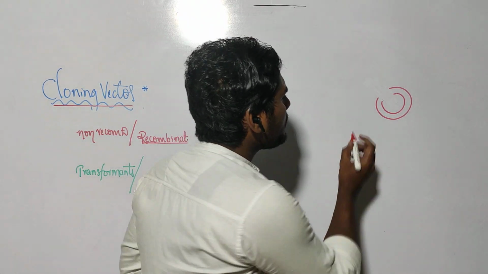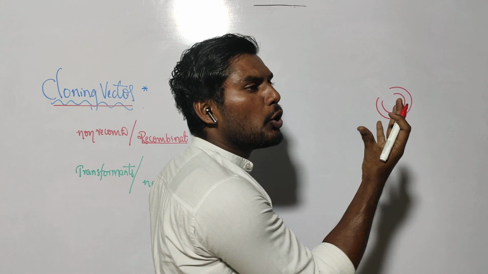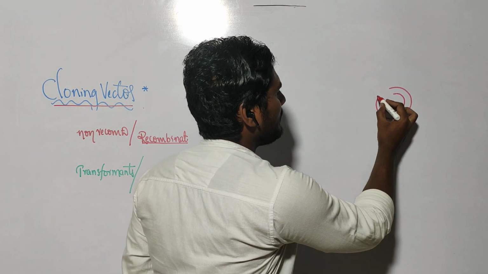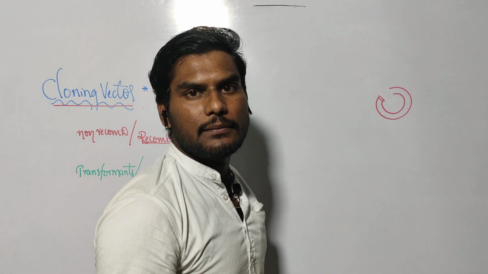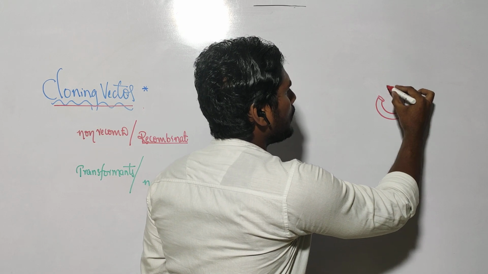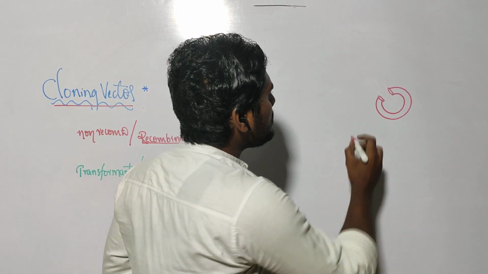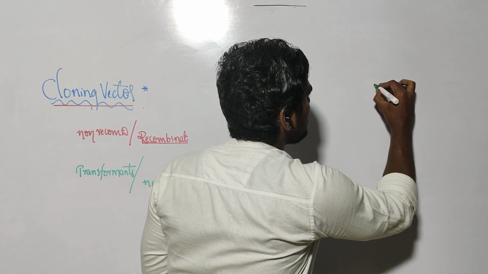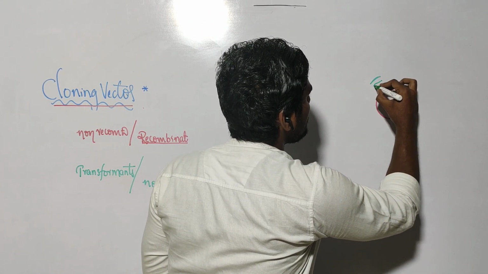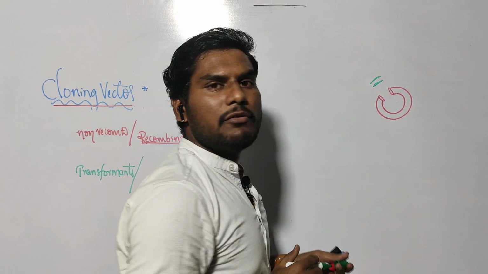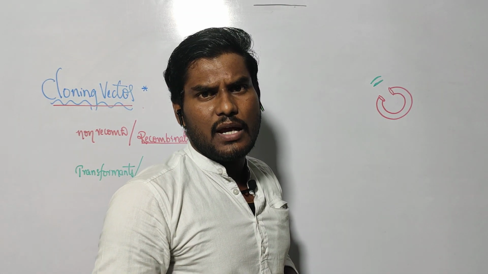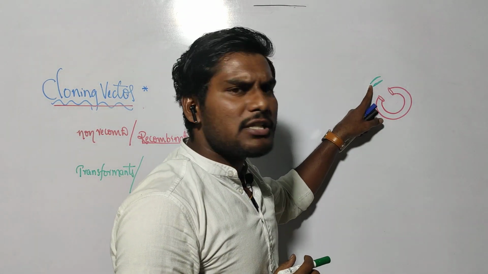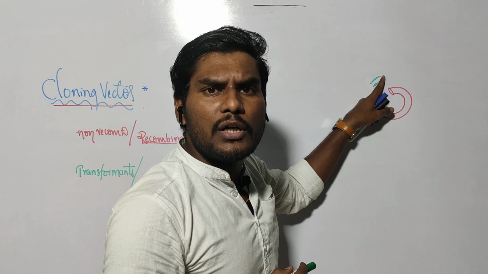As it is cut here, this part is acting as glue, as gum, and this part is also acting as glue. Next we have our gene of interest, which contains ends, and here it also has the glue.